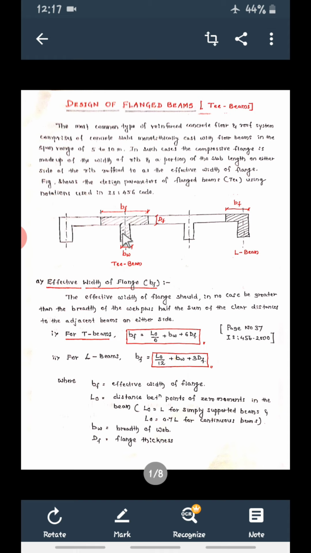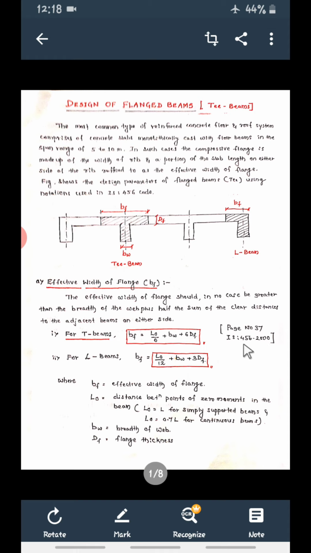Next, as the code suggests for T beams, when there are a number of beams, how much do you have to consider for this BF? For that you have to go to page number 37 of the IS 456 2000 code book.